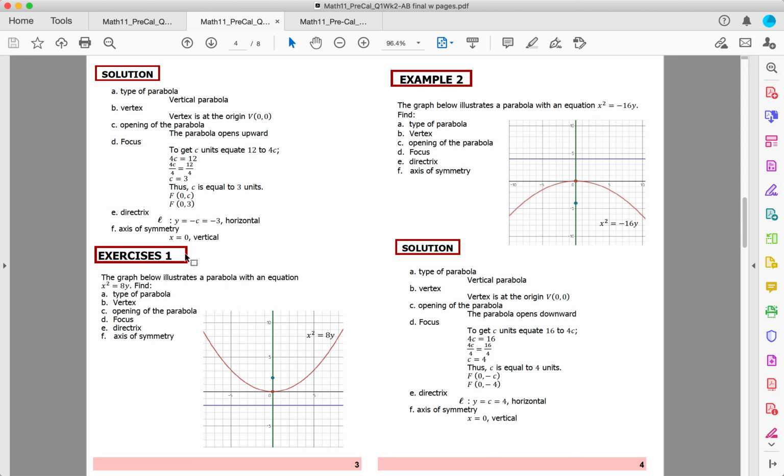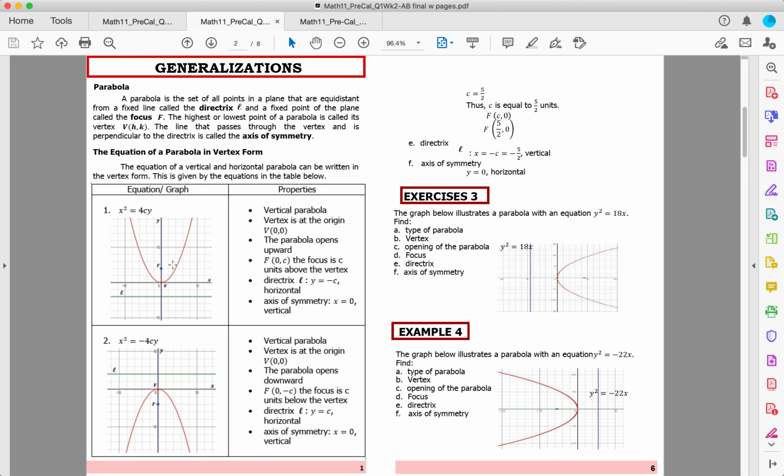Notice that in our properties, you have the 4C, Y. C would be the units above the vertex, meaning the length of the distance from the vertex to the focus. That is the C value.